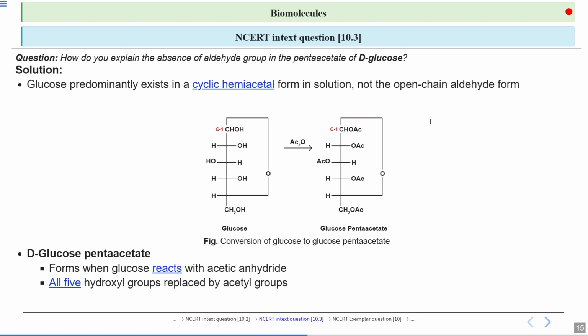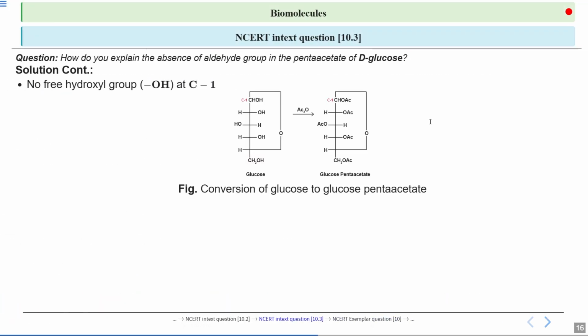The conversion of all the hydroxyl groups to the acetyl groups locks the glucose molecule in its ring form. And this prevents the ring from opening up to reveal the aldehyde group, which is why pentaacetate doesn't show any aldehyde properties. Now, in glucose pentaacetate, there is no hydroxyl group at carbon 1 position.